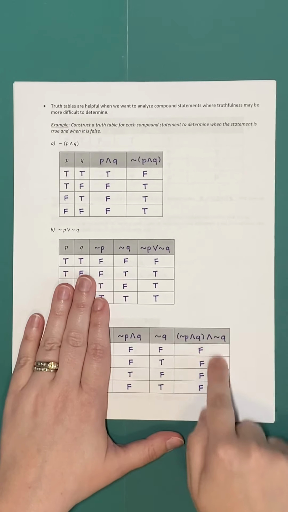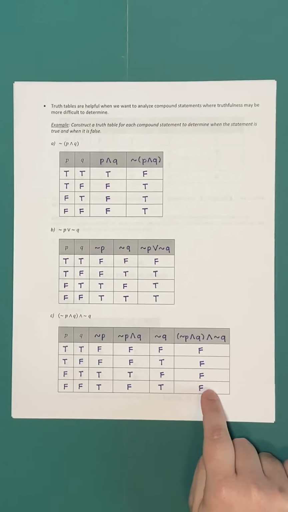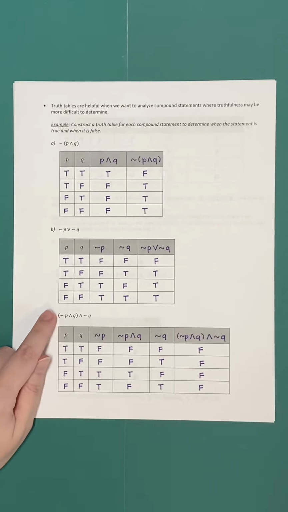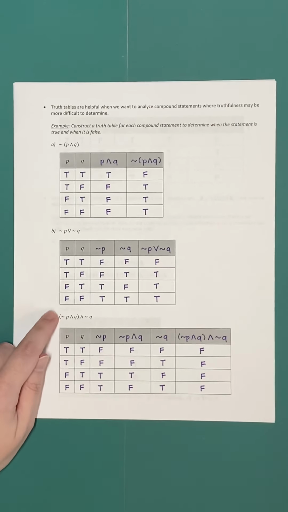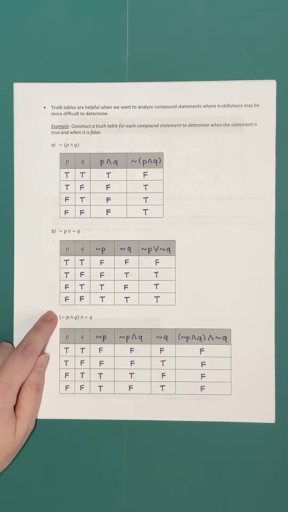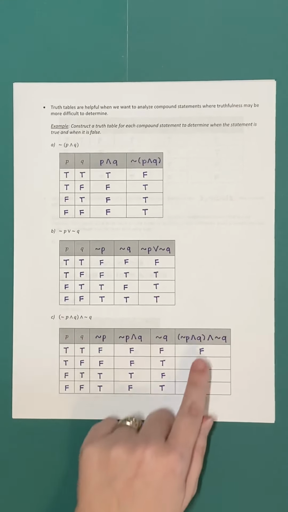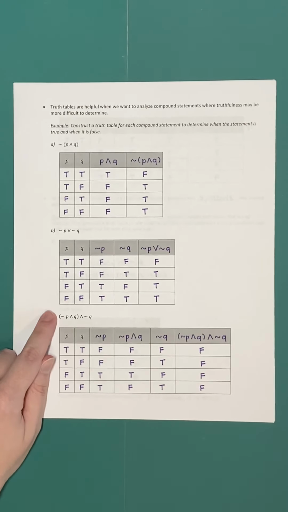Now this one's kind of interesting. Look at the result. The result is always false. So what that means is that if you ever were to see a statement structured like this, it would be very convoluted to express in words. But say you had it written down and you had a moment to break it down and think about the actual structure. What this now tells us is that any compound statement structured like this could never be true.